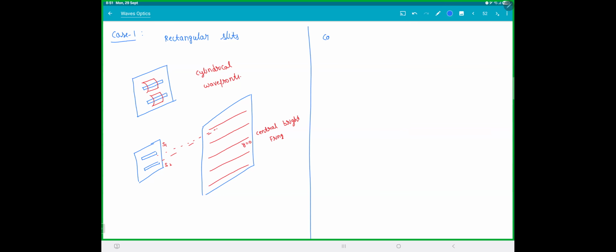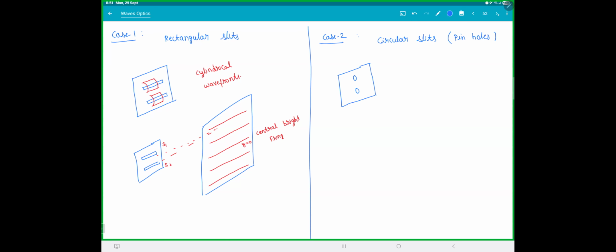Case two, if you take circular holes, basically pinholes or circular slits. Now in JEE, the experiment they give us is pinholes only. If they don't mention anything, we generally take it as pinholes.